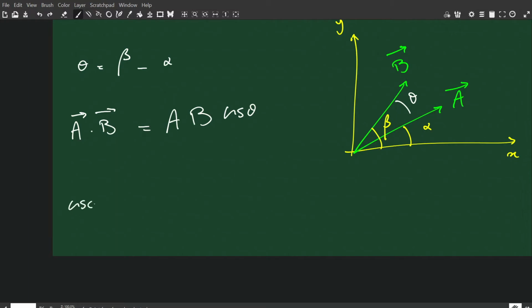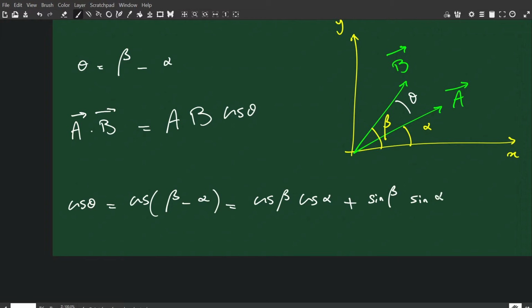I mean, cosine theta is equal to cosine of beta minus alpha, and it's equal to cosine beta cosine alpha minus sine beta times sine of negative alpha, which will be plus sine beta sine alpha.